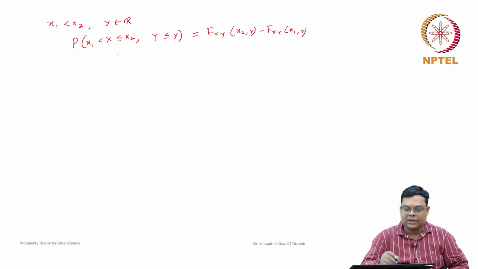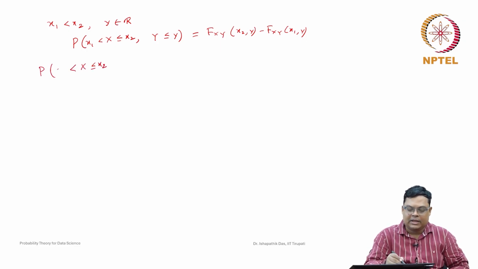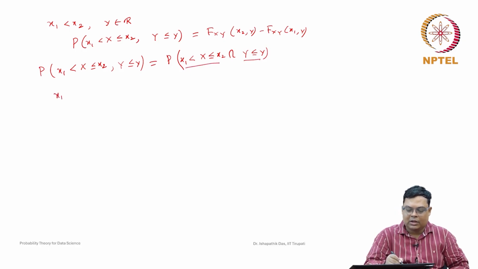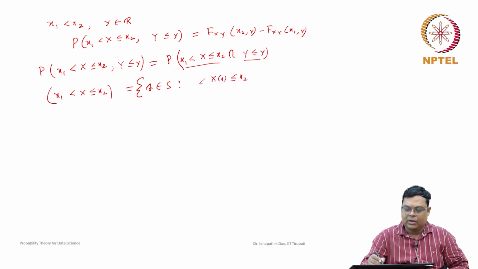So how can we prove this? This probability is the probability of the intersection of two events: x1 less than X less than or equal to x2, and Y less than or equal to y. First, let us find out what the event is. The set x1 less than X less than or equal to x2 is all s satisfying this relationship, x of s less than or equal to x2 and greater than x1.